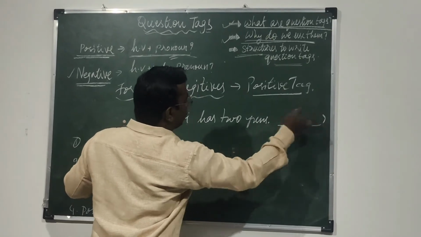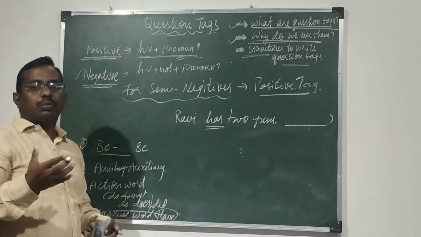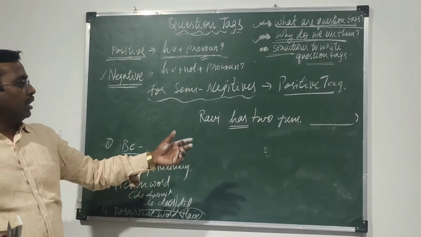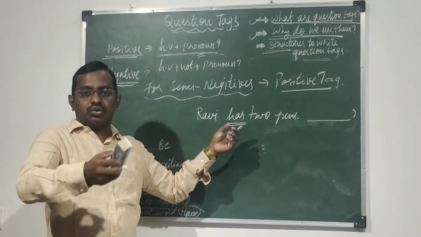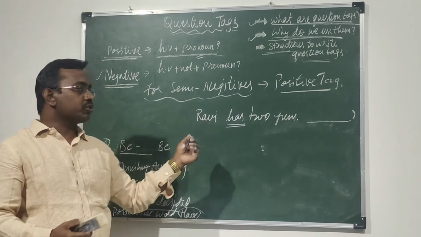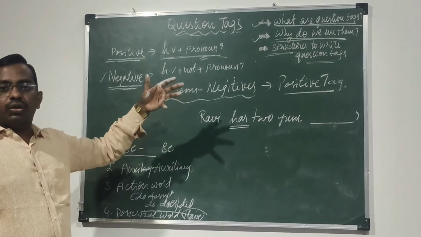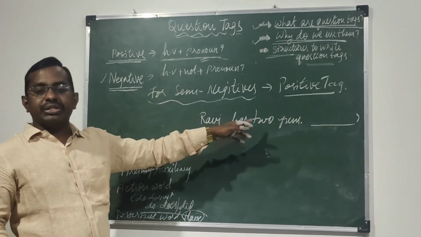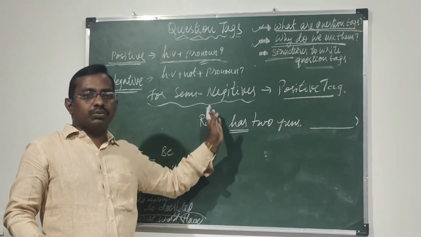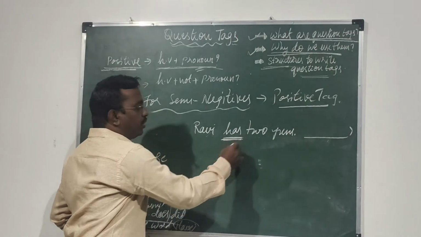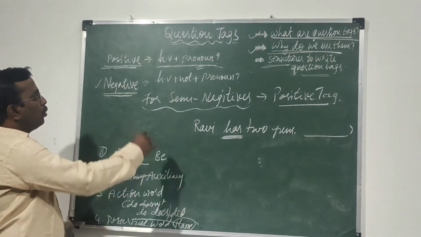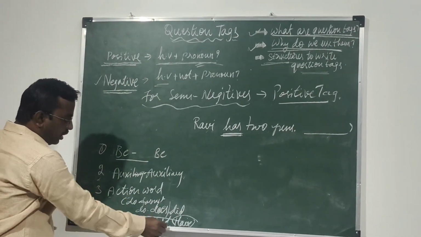Has here talks about possession. Whenever the have form is used as a main verb, it talks about possession, having something, belonging to someone. It talks about the belongings of the person. So Ravi has 2 pens. The 2 pens belong to Mr. Ravi. So when it is a main verb in a sentence, the helping verb in the question tag should again be do forms.